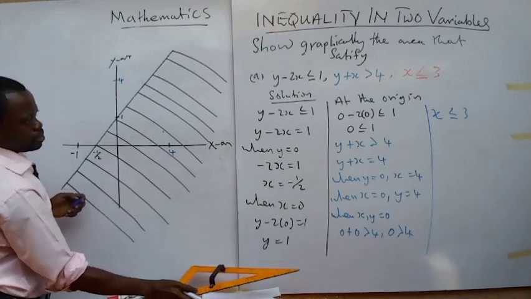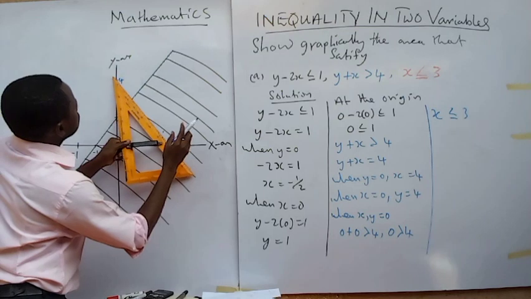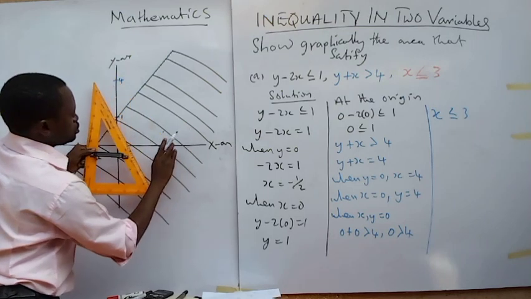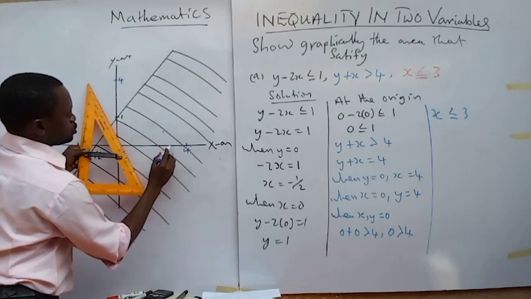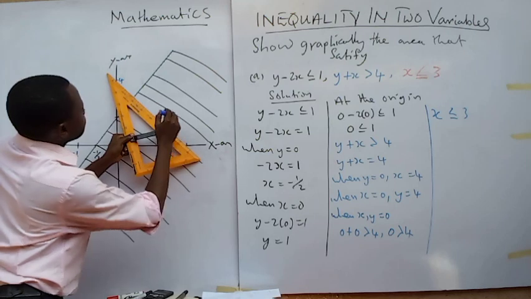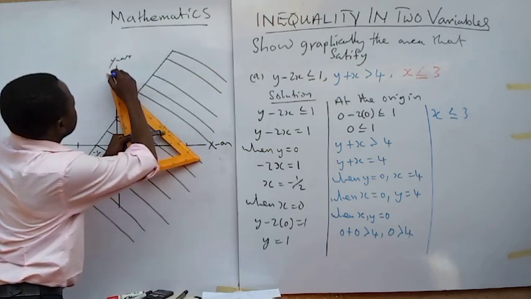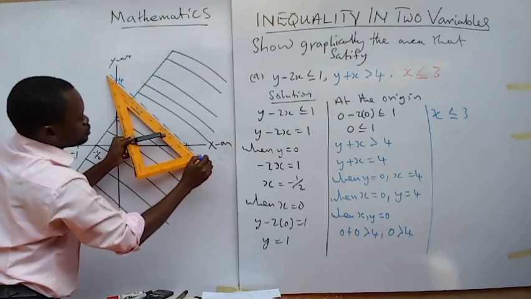And you see that because of the nature of this inequality, we are using dotted lines. Let me shift this a little bit. Somewhere here, 4. Dotted lines.